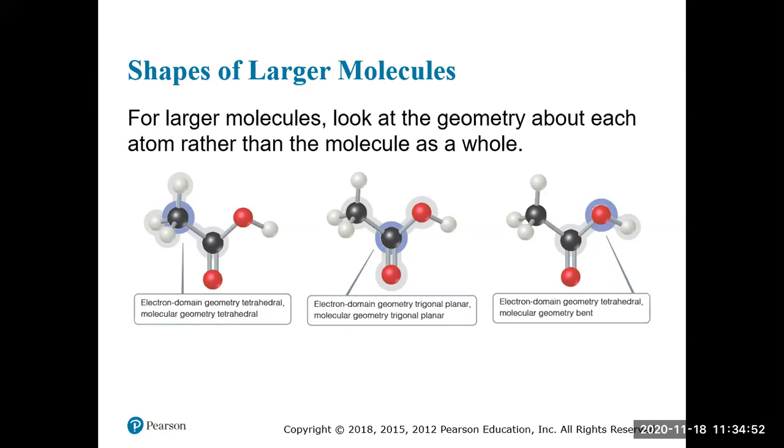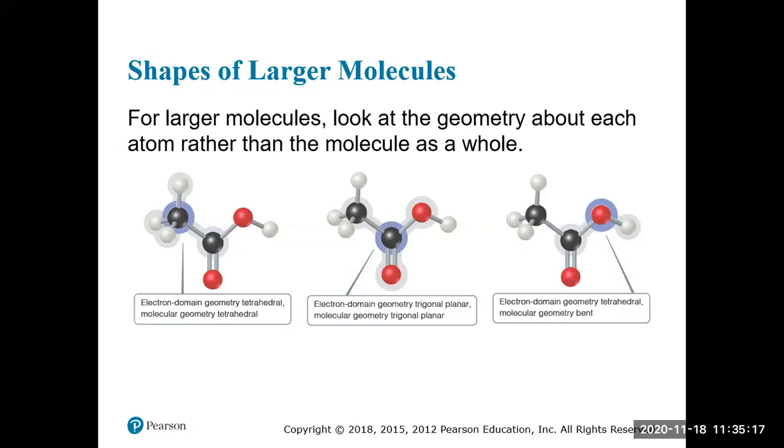They're all bonding because we have 3 hydrogens bonded to that carbon and then another carbon bonded to it. So 4 electron domains, all bonding, so the electron domain geometry would be tetrahedral. And because they're all bonding to another atom, the molecular geometry for that portion is tetrahedral also.